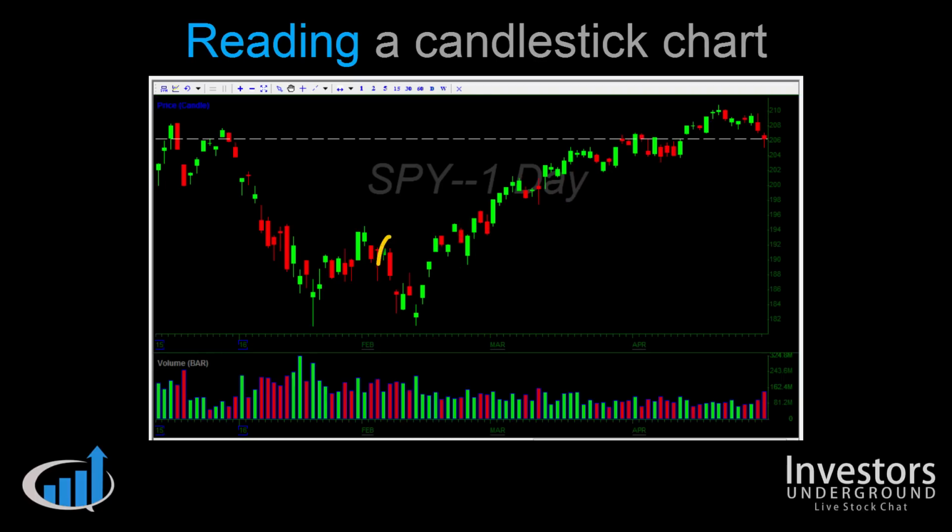Then we'll take a look at this candle here, where you can see that it opened, but it ended up pushing up a little bit, you can see by the wick, and then ends up closing much lower than where it opened, but came back up a little bit off of lows, which you can see by the very small wick underneath the candle.